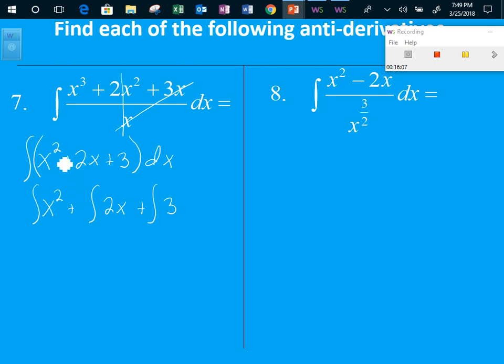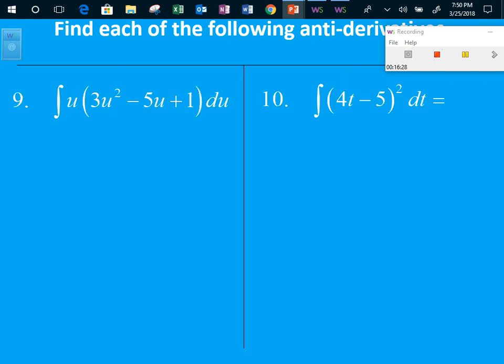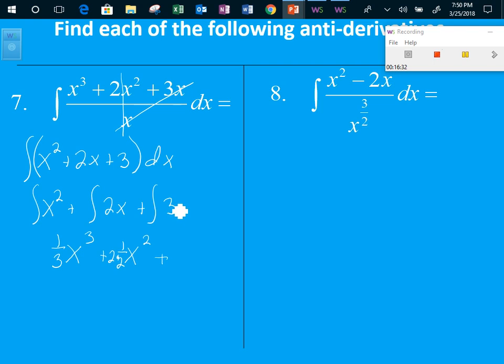So the antiderivative of the x squared, add 1 to the exponent, multiply by the reciprocal. Let's move to the 2x. Add 1 to the exponent, multiply by the reciprocal, but notice there's a 2 out front also. Now, the antiderivative of 3, technically, guys, this is 3x to the 0.